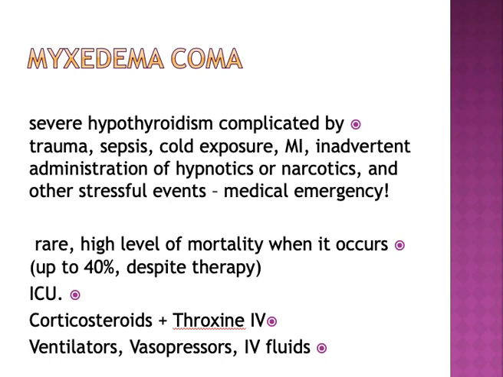And right now we are discussing what will happen when there are too many thyroid hormones in the body, excessively and suddenly: thyrotoxic crisis or thyrotoxic storm. What will happen when someone has hypothyroidism and goes under some stressful condition? They can go into myxedema coma.